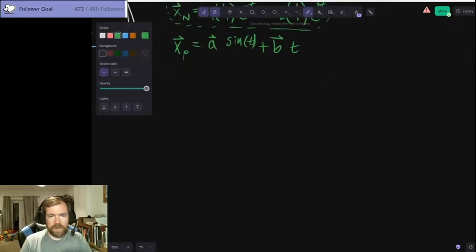So with that, assuming that this is our solution, or at least this is what the solution is generally going to look like, we want to plug this particular solution, x sub p, into our original differential equation up top.